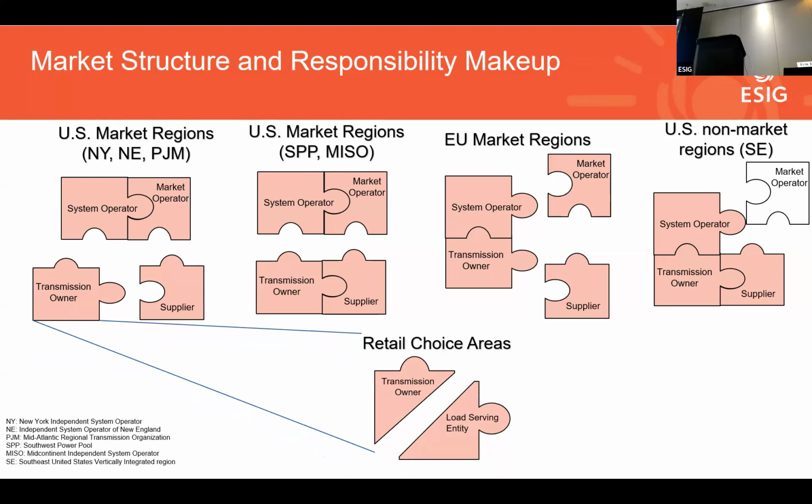It could be that in some regions without retail competition or without retail choice, the local utility is the single entity that's also the retail supplier in that region. Or it could be that entity is split. You have a transmission owning entity as well as a load serving entity such as a retailer that has separate responsibilities. So a lot of different ways you can put these puzzle pieces together.